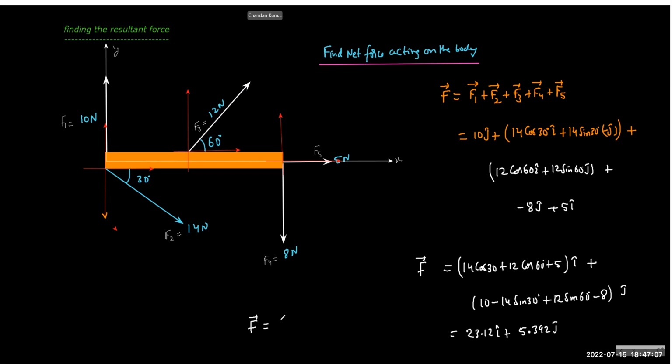So eventually, now this is the number. Now, what does it mean? I can represent this graphically. So tell me, guys, my resultant is in which quadrant?